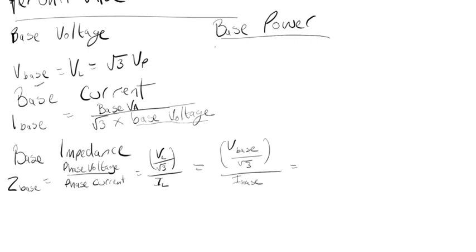Or you could have your V base again over root 3, over your base VA divided by root 3 times V base.